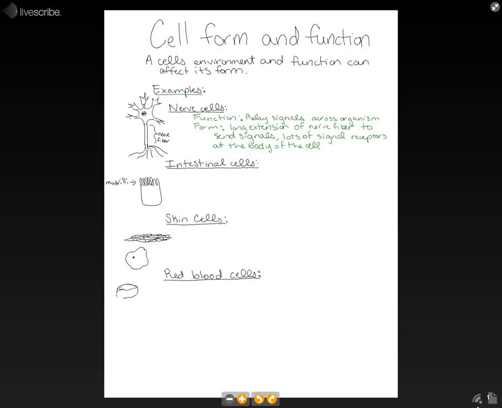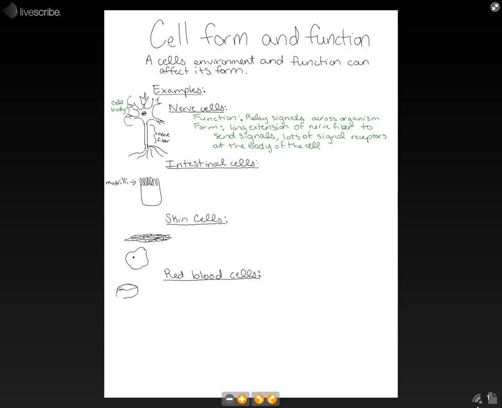So this is the cell body. And that nerve fiber can get very long. There's a nerve in giraffes that actually runs all the way up the neck of the giraffe. So that's really long. So you can see how the nerve cell does very well at its function because its form is fitted for that function.